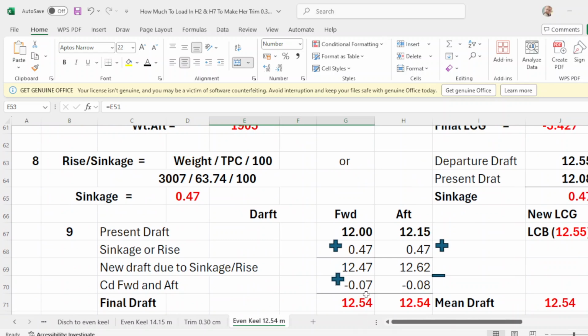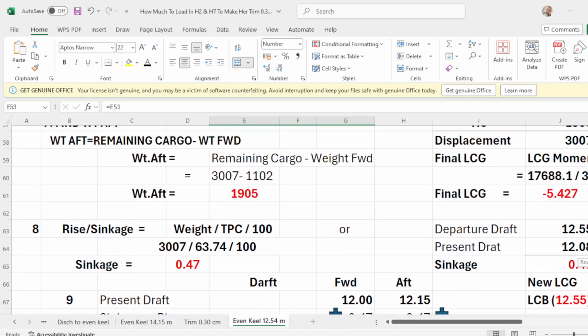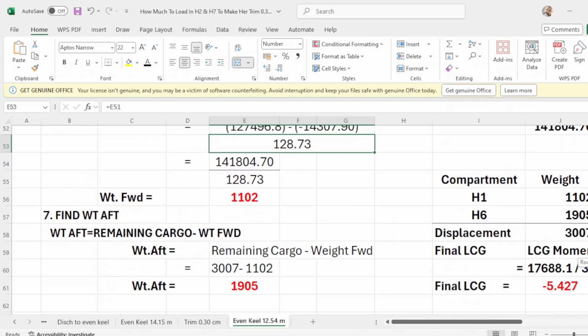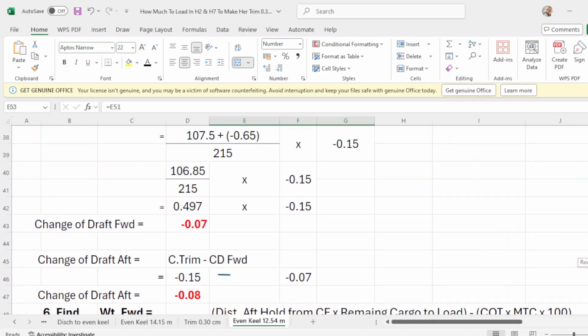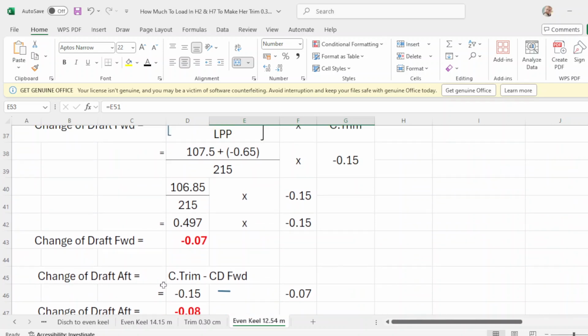Your change of drop up will be change of trim minus your change of drop forward.